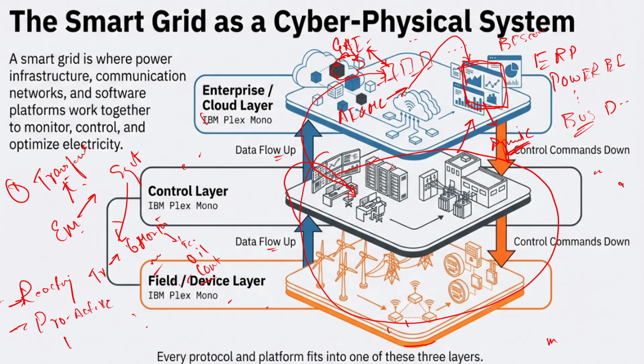In the reactive approach, in the legacy system, if something breaks down, let's say a specific component in the device layer fails, after that we reach out to the maintenance department and they replace it. So it is all about wait and watch. The device has to fail, then only can we do the maintenance. That was the approach.